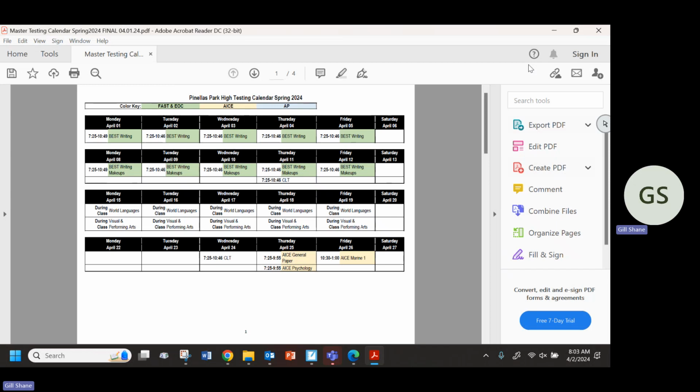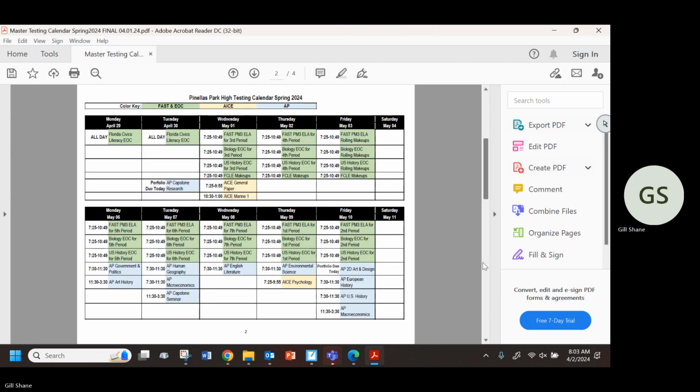So the writing test, I guess, started yesterday actually. And then it's today, tomorrow, and Thursday and Friday. So all week. Oh no, makeups are next week. So I guess some people are testing all week long. I don't know how they have it broken up into which groups of kids are doing which day. Maybe the bell schedule's on the next page.